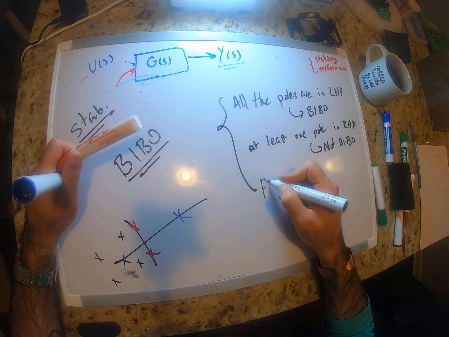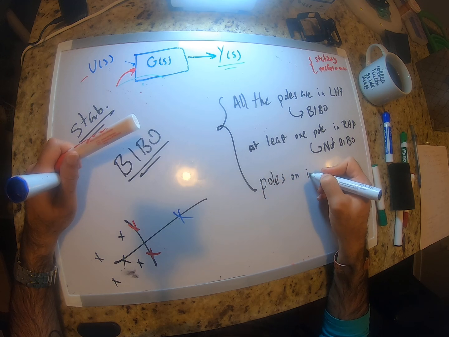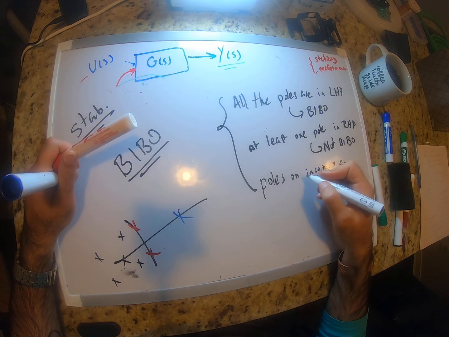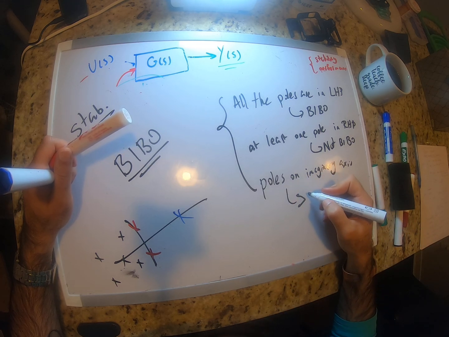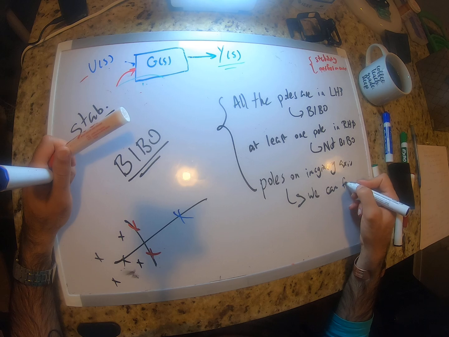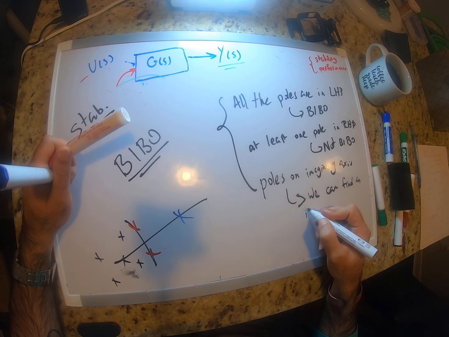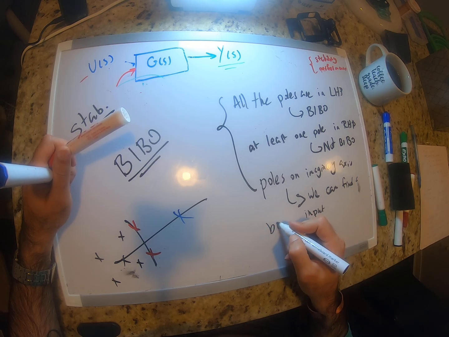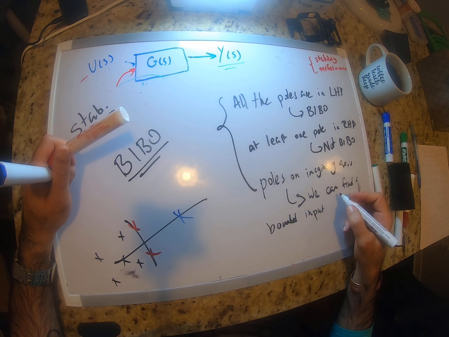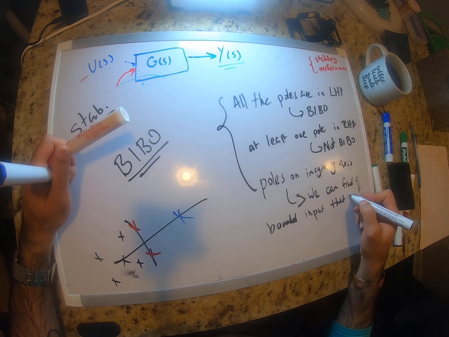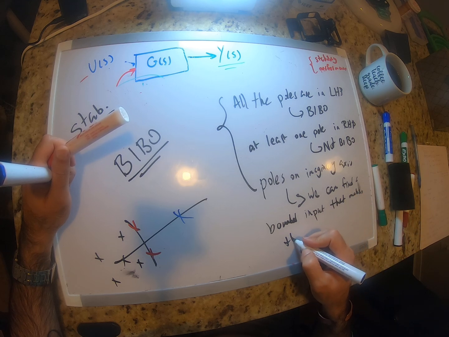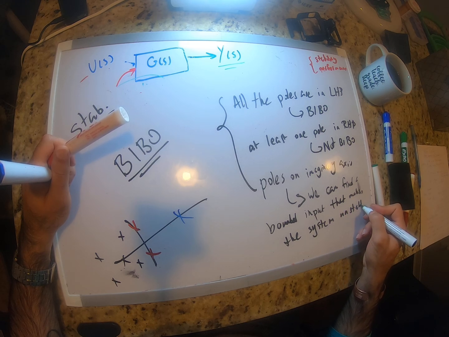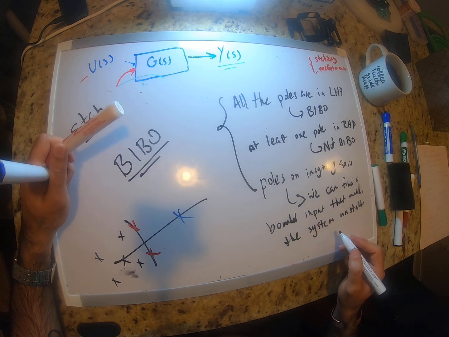Poles on the imaginary axis basically tell us that we can find a bounded input that makes the system unstable. So the system itself is not going to be BIBO stable.